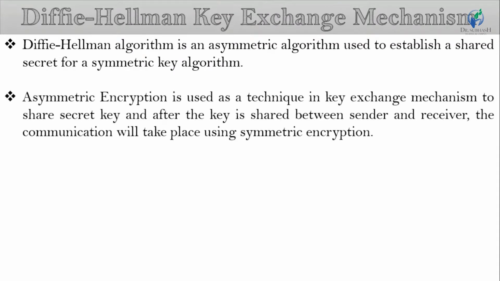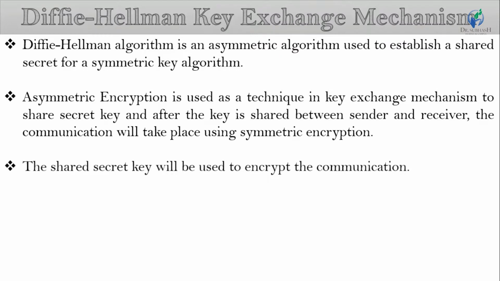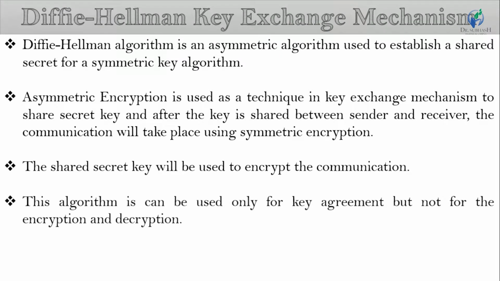Asymmetric encryption is used as a technique in the key exchange mechanism to share the secret key, and after the key is shared between sender and receiver, the communication will take place using symmetric encryption. The shared secret key will be used to encrypt the communications. Remember one thing, this algorithm can be used only for key agreement, but not for encryption and decryption.